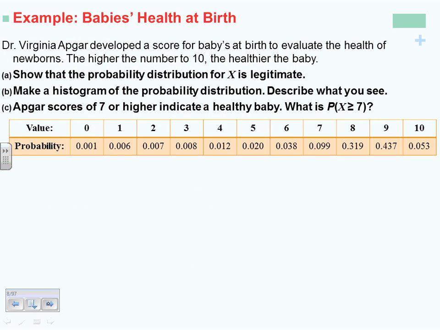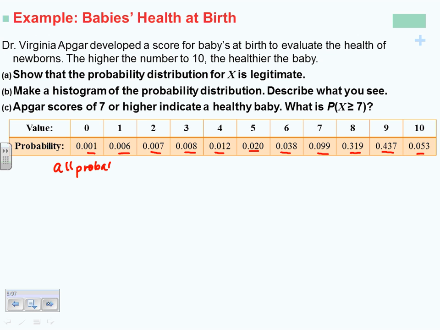All right, so let's look over this. We've got a probability distribution going on. Dr. Virginia Apgar developed a score for our babies at birth to evaluate the health of the newborns. The higher the number to 10, the healthier the baby. I want you to show that the probability distribution for X is legit. So let's go through. We know that all of these probabilities have to be between 0 and 1, so we're good.